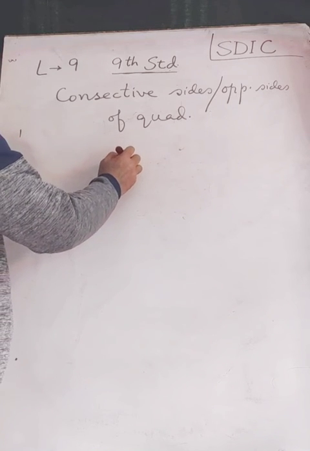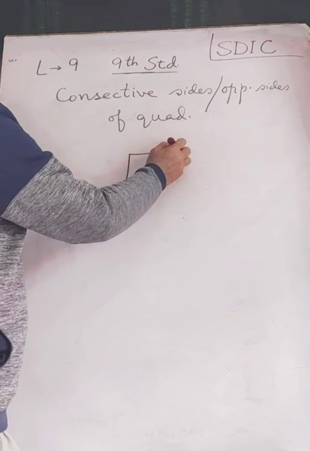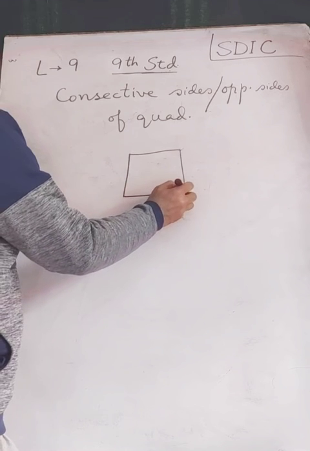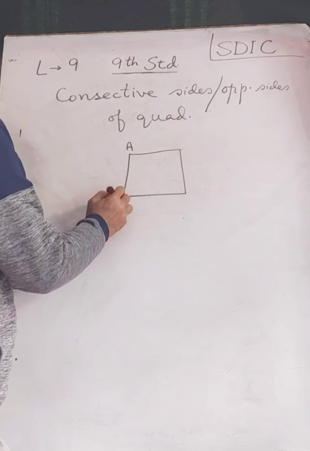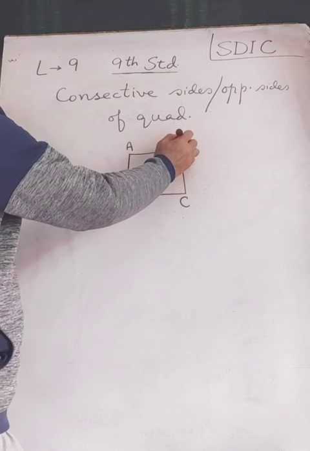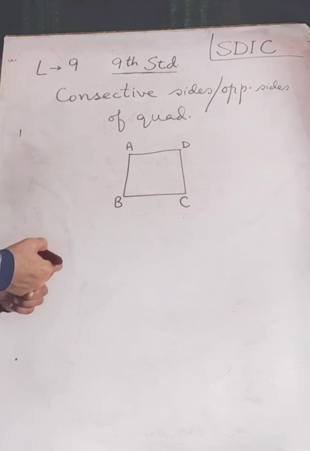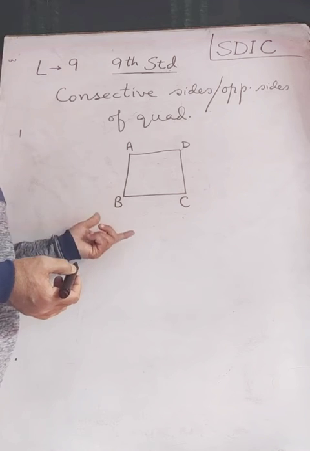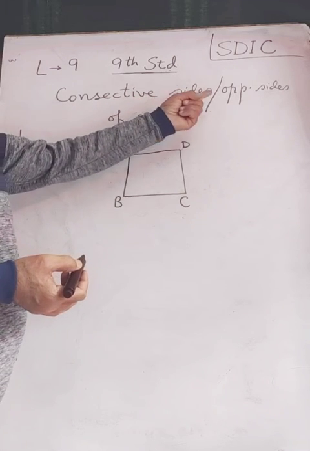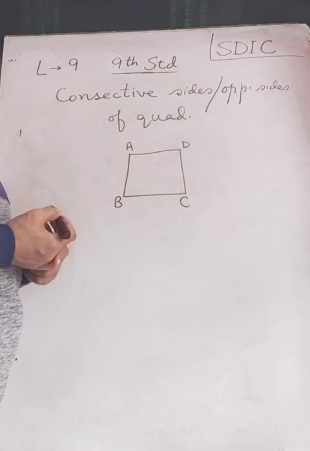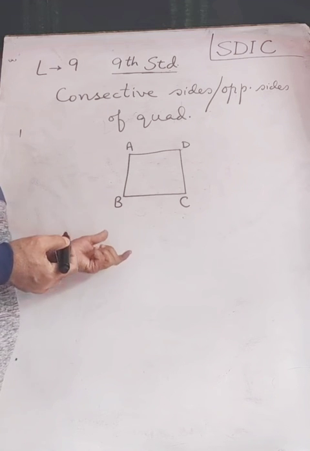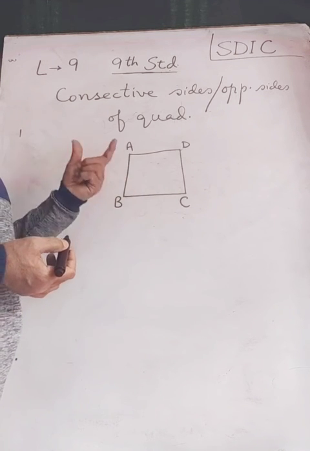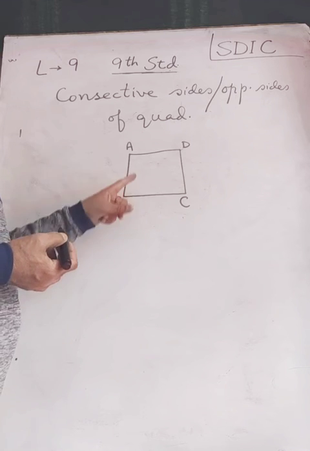I shall again draw the rough diagram of quadrilateral. For example, A, B, C, D. It can be convex, concave, regular, irregular. This is the quadrilateral. We have already read it has 4 sides. We have here consecutive sides and opposite sides. So only 4 sides will be used. 4 angles are there, 2 diagonals are there. Will not touch those, sides only.